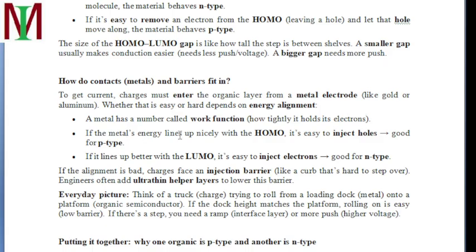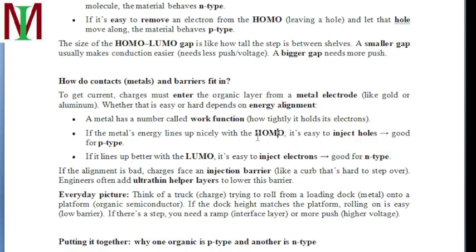If the metal's energy lines up nicely with the highest occupied molecular orbital of the molecule, it is easy to inject holes. It is good for p-type. If it lines up better with the lowest unoccupied molecular orbital, it is easy to inject electrons. When electrons go to the lowest unoccupied molecular orbital, the electrons will move, and it becomes n-type.